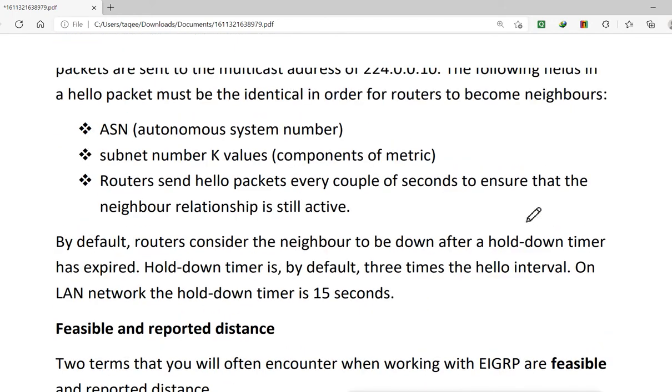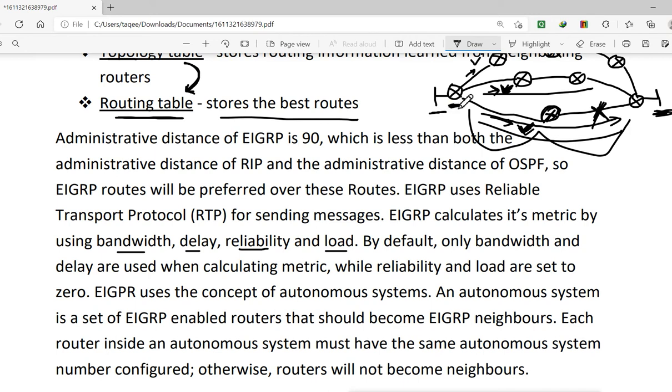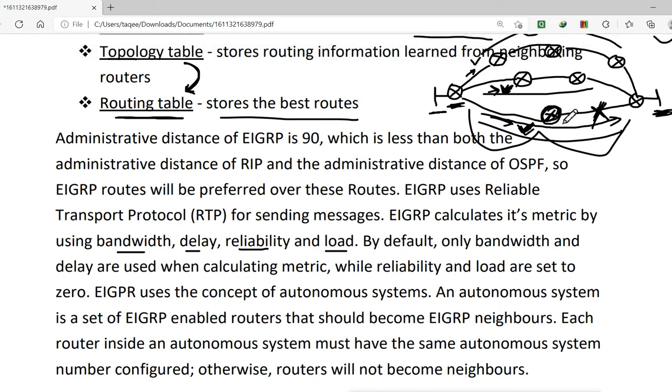For example, here in this network, this router is advertising the distance of this network. This network is not directly connected to this router, so it learns this network from this router. Whatever distance this router says, this router will calculate the distance based on the link it is connected to.